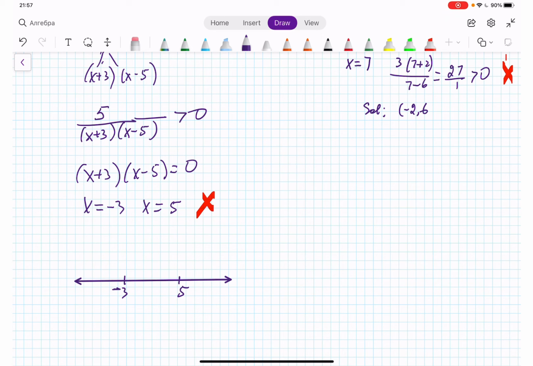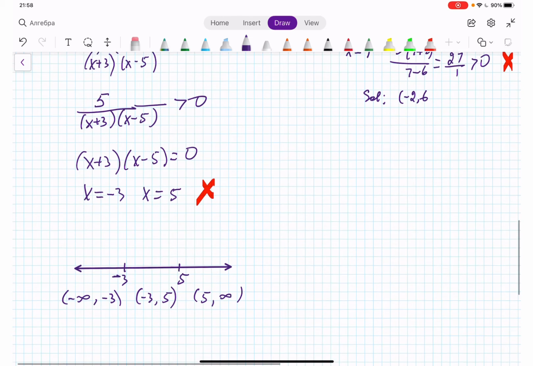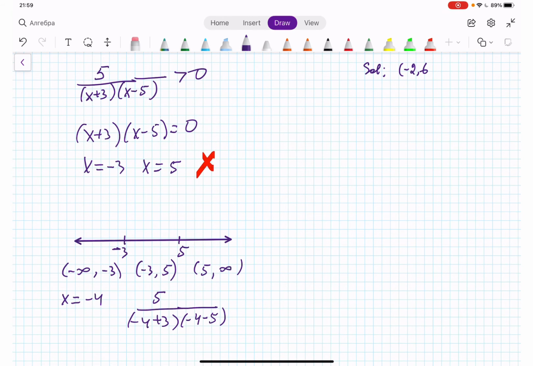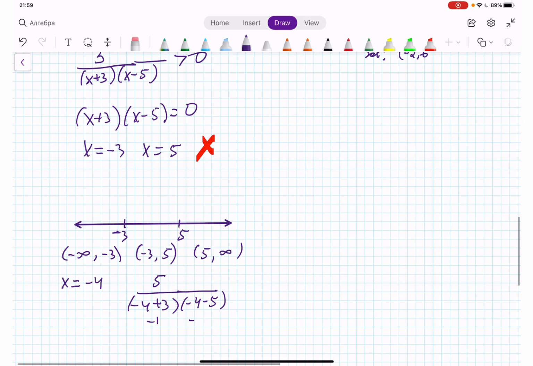Okay, so let's see. Taking between negative infinity and negative 3. Here we have between negative 3 and 5, and 5 to positive infinity. Taking the number negative 4, x equal to negative 4. What do we have? 5 over negative 4 plus 3, negative 4 minus 5, and we are getting negative 1 here, negative 9 here.